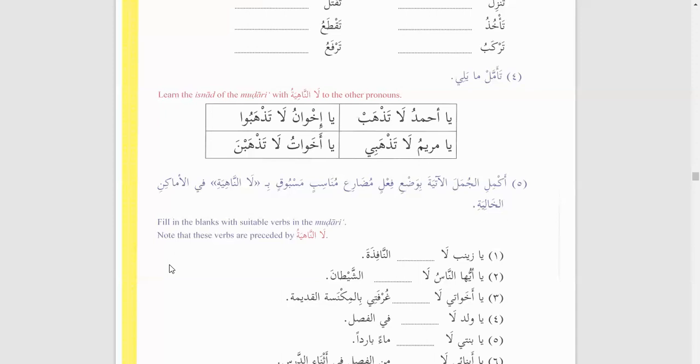However, when we connect it, we will say لا تفتحي النافذة, right? Because ya will not be pronounced, so we have to connect the mutaharrik with mutaharrik. So ha has kasra, so ha will be connected to noon straight away. لا تفتحي النافذة. However, if you single out, you will say Ya Zainabu la taftahi, so that we know that it is for the singular feminine.